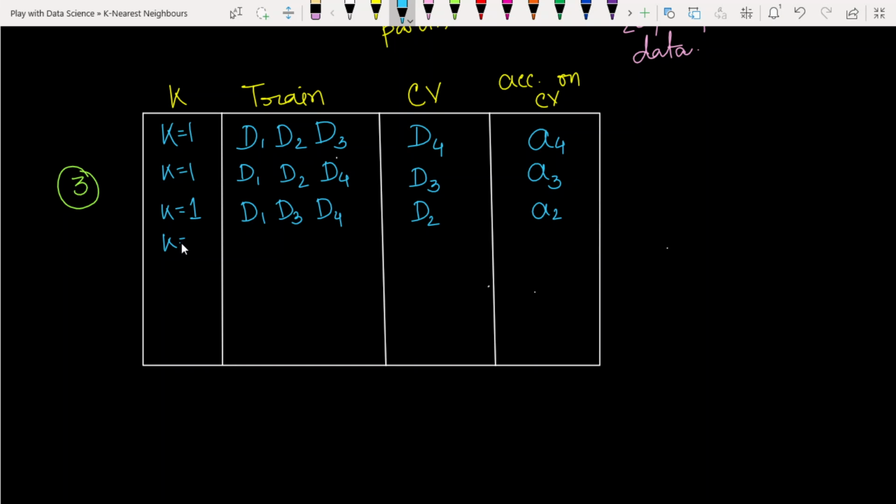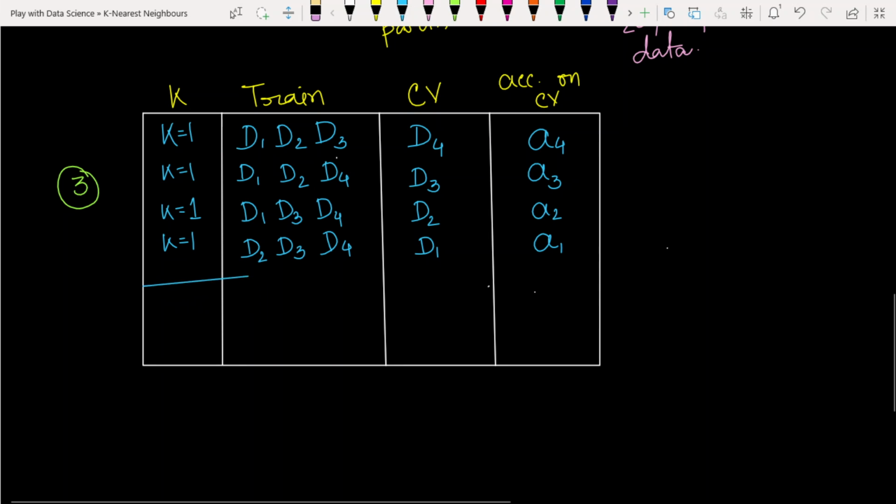The same thing for k is equal to 1. Now we have taken d1 as cross validation data. So the training data will be d2, d3, d4. So let's say its accuracy is a1. Okay, I think you have understood these calculations of the table.